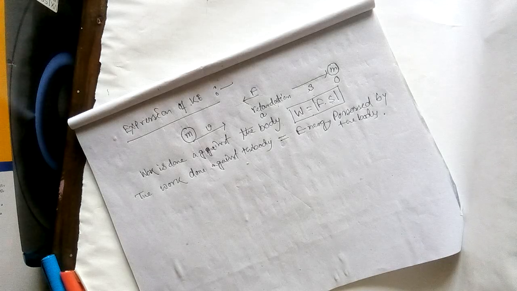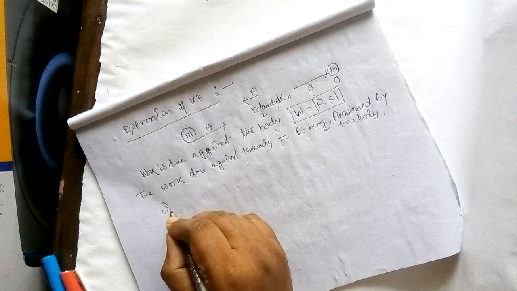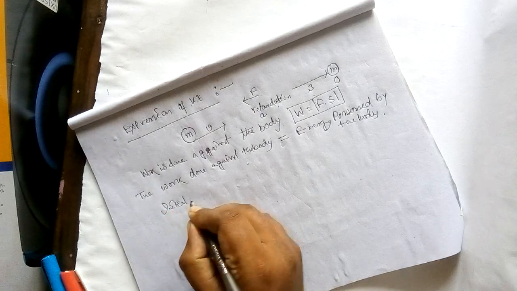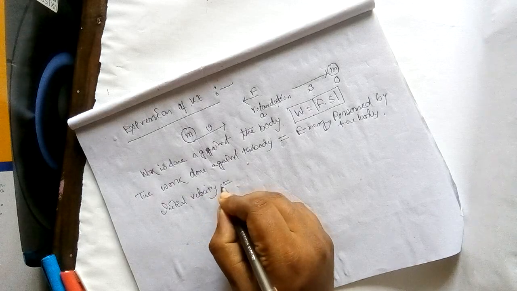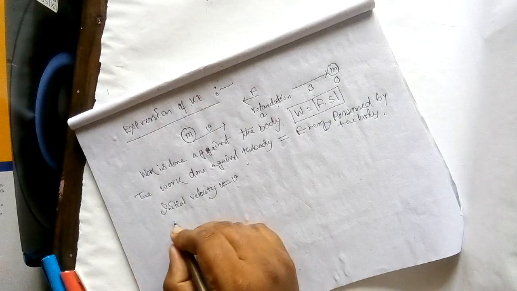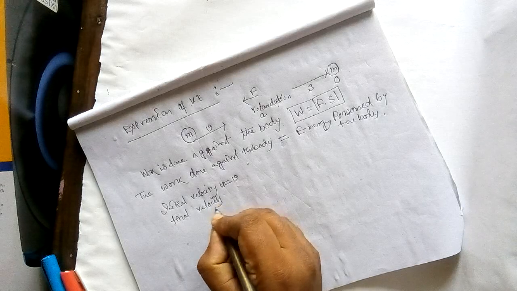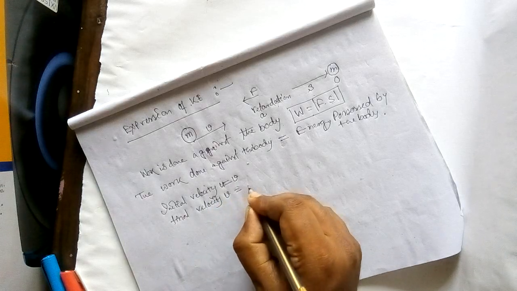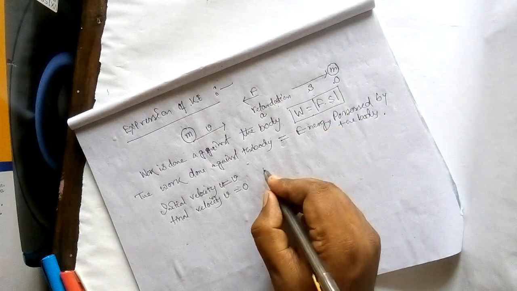Now how are we able to find the work done? Let's see. From the information, the initial velocity is u equals small v, because initially the body is moving with v. The final velocity small v is equal to 0. Finally the body has gone to 0.